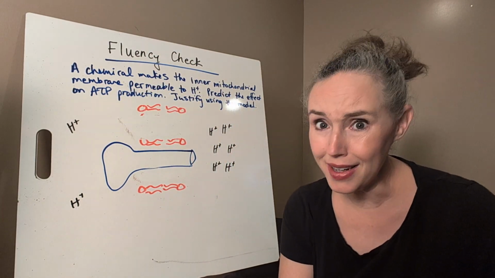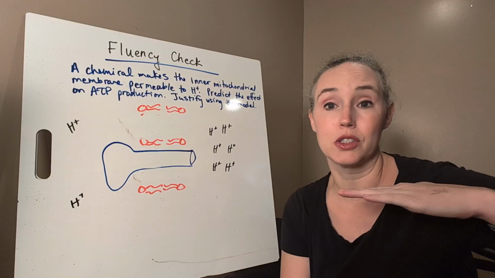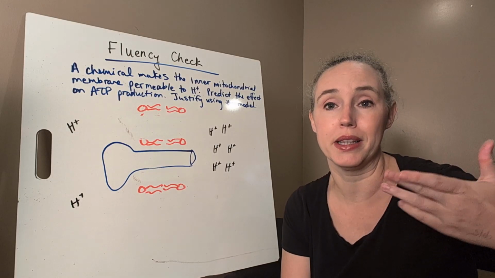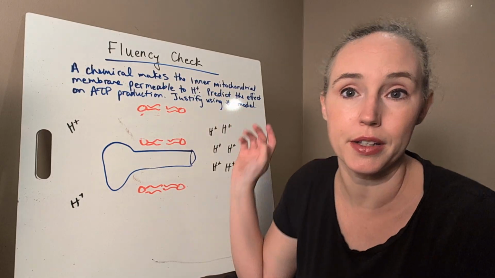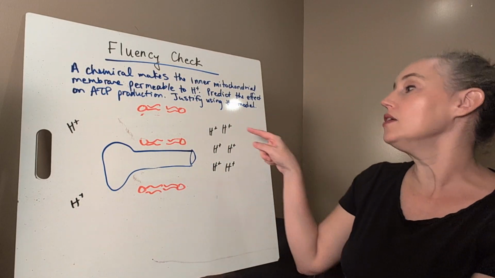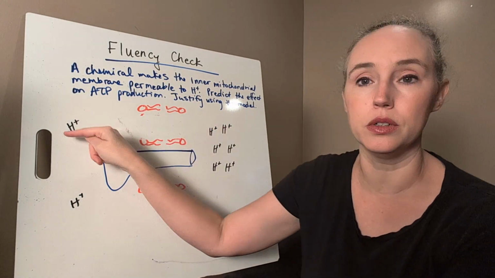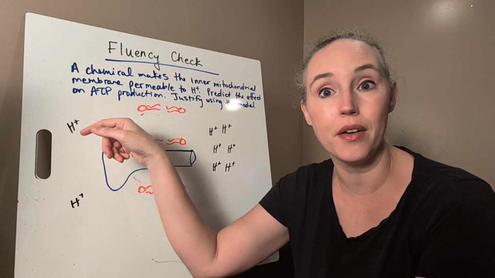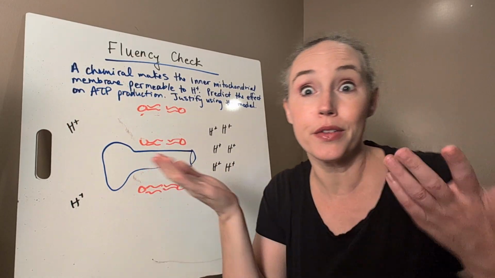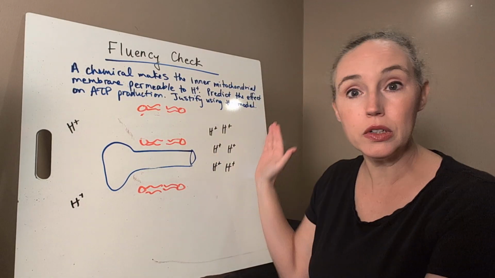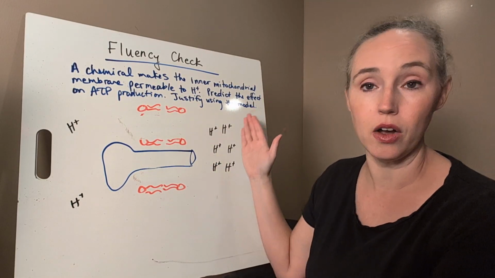Now, a very low-level basic answer would be there would be less ATP. But there's no justification, and we're not using the model. So if hydrogen could just diffuse across the membrane without any problems, then there's no barrier, there's no dam. We couldn't build up the proton gradient over here.